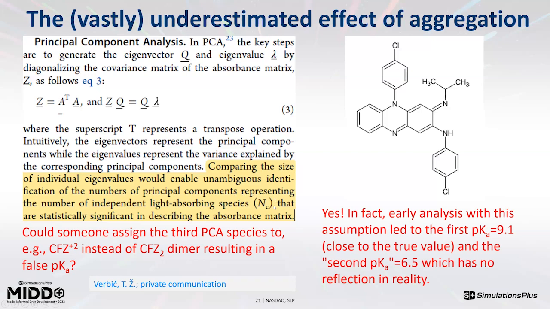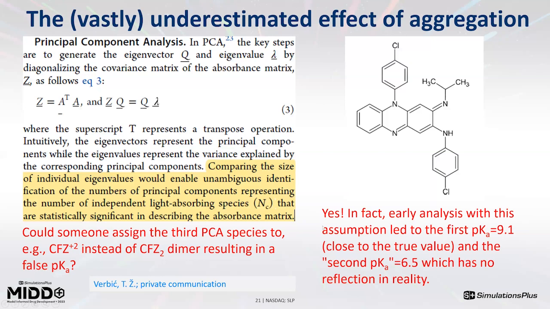And from those components, they can figure out the number of independent light absorbing species. If someone confuses a dimer for a doubly protonated microstate, that can result in a false second pKa.